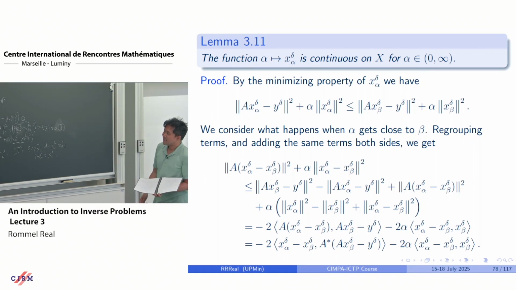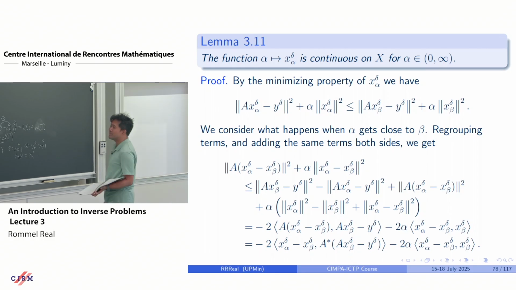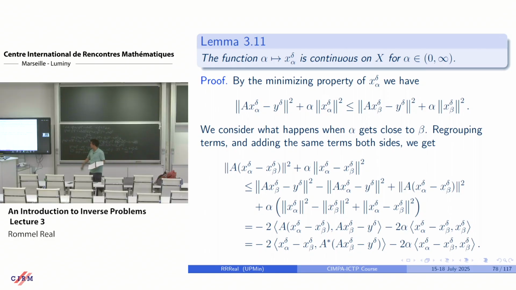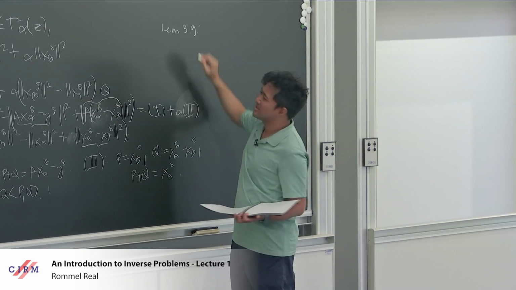Now, if you look at the last term there, the term in the first inner product on the last line, to simplify that further, we use the optimality condition from lemma 3.9.